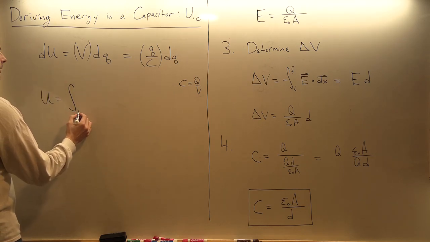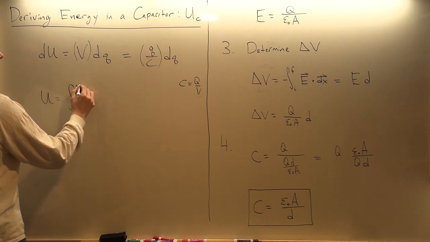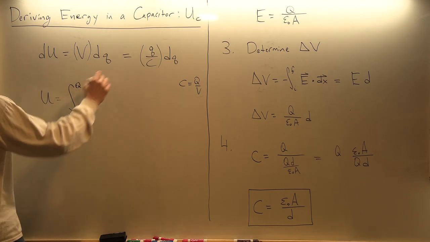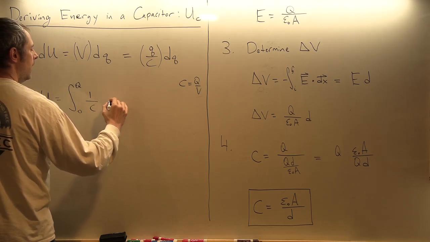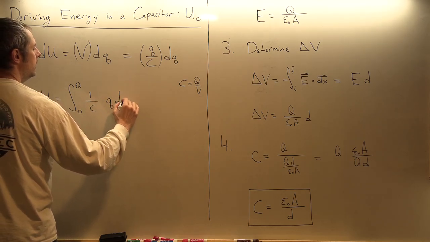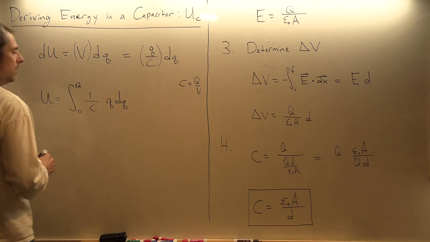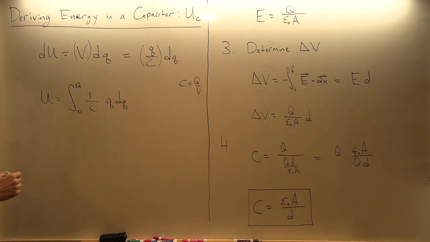Let's say we're charging it from charge 0 to some final capital Q. I'm going to separate this out. And we're integrating q dq, which just integrates to q squared over 2.